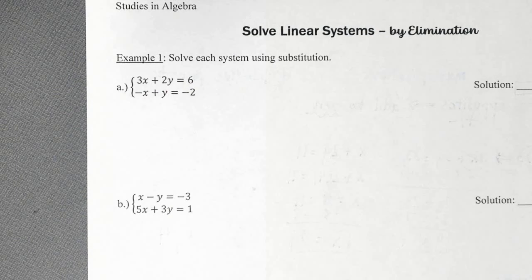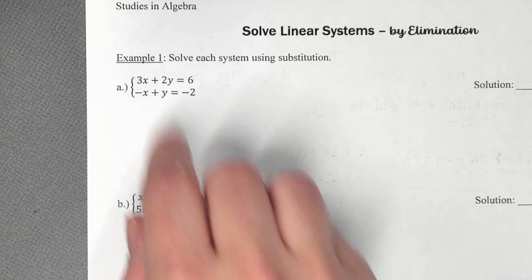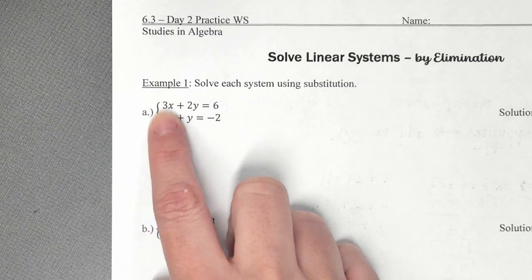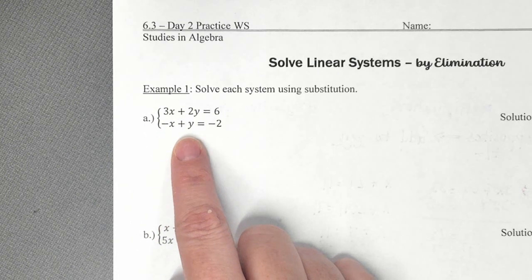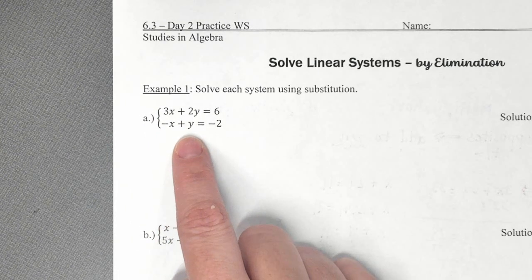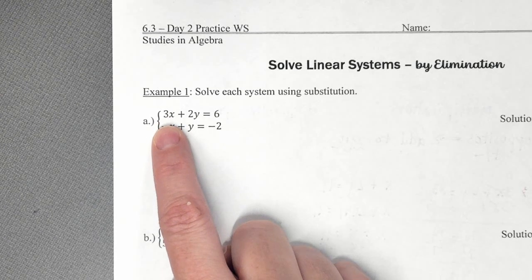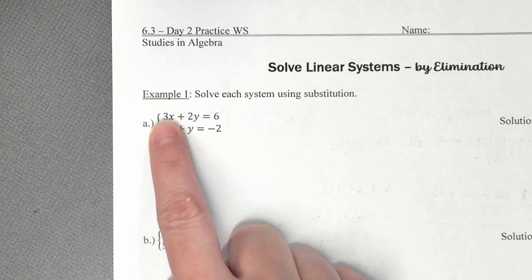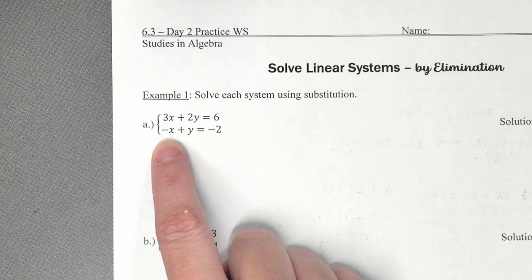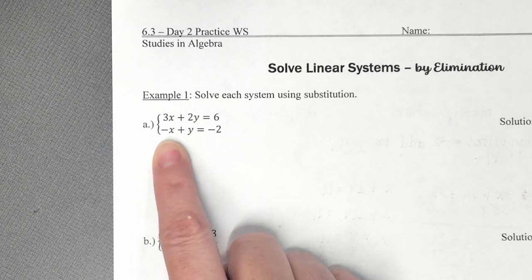Okay, so for the back side, you have to decide, do you want to make the x's opposites or the y's? And really, this one, the choice is up to you. I already noticed that I have a positive and a negative here, so I would probably try to eliminate the x's. So if this is 3x, what do you want this to be? I want it to be -3x, right?